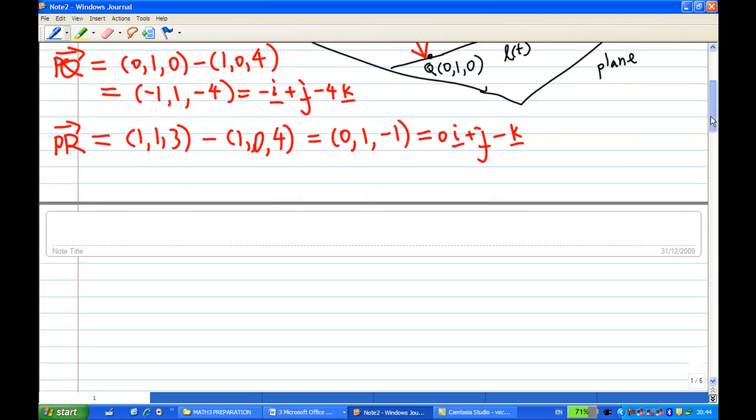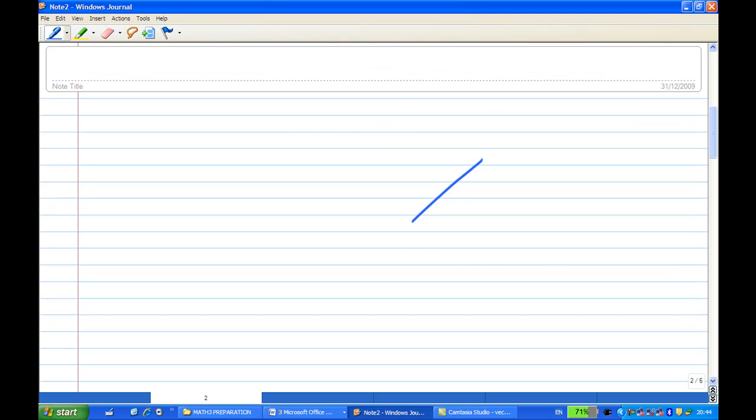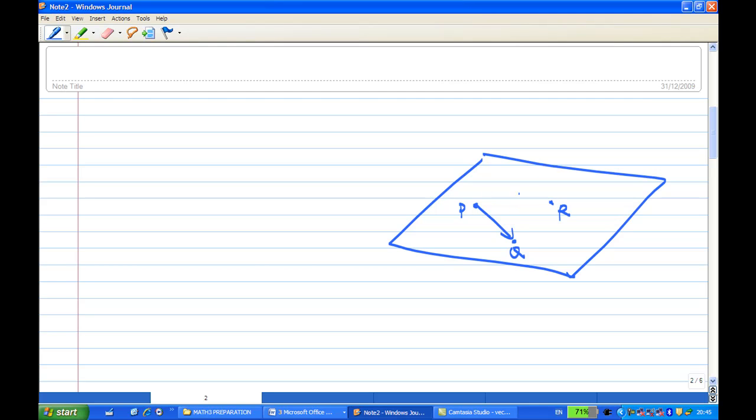So let me go to the next page. I have PQ on the plane, PR on the plane. Therefore, if I do PQ cross PR, this will be perpendicular to both PQ and PR.